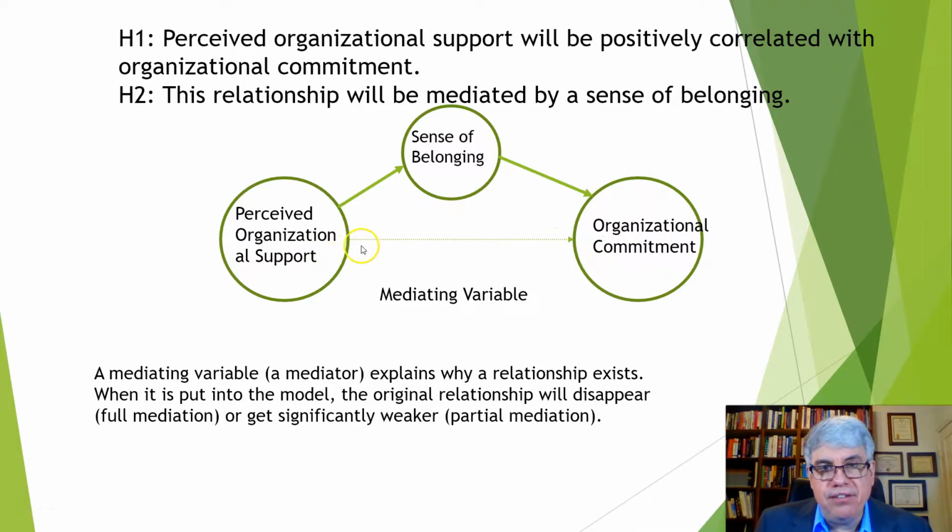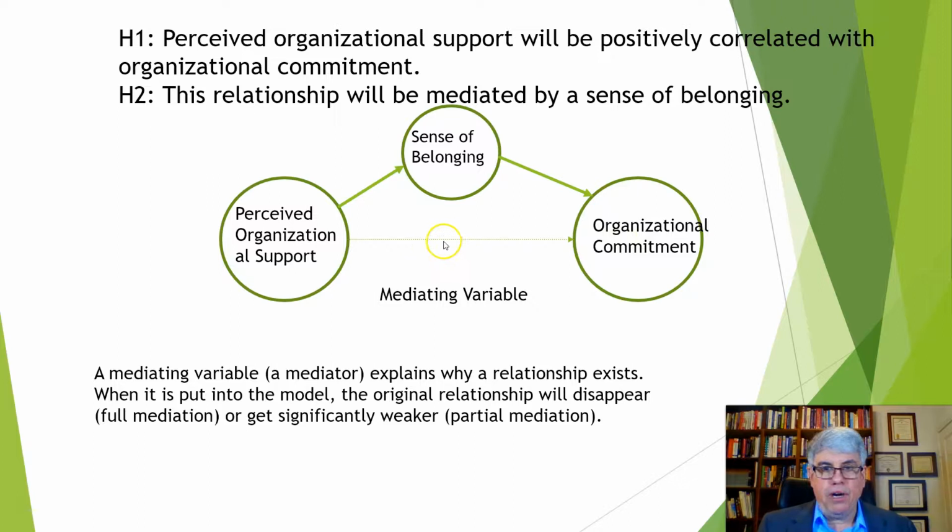That's why the original relationship is represented by a dotted line that's hardly there anymore, because this relationship will be strong, this relationship will be strong. And if perceived organizational support is completely mediated by a sense of belonging, this relationship will be close to zero. It'll no longer be significant.